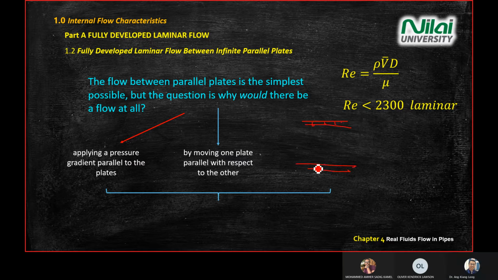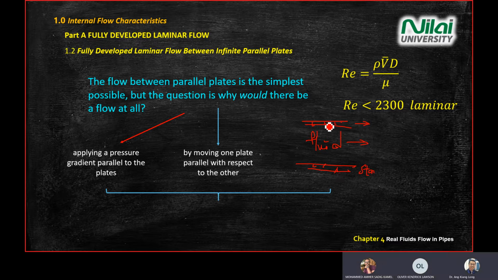So either this one is stationary and this one is moving. If you move the plate, top plate or bottom plate, in this case we move one plate on the top, the fluid is going to flow. Does that make sense to you?